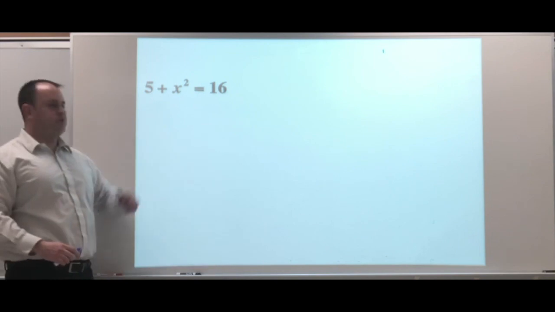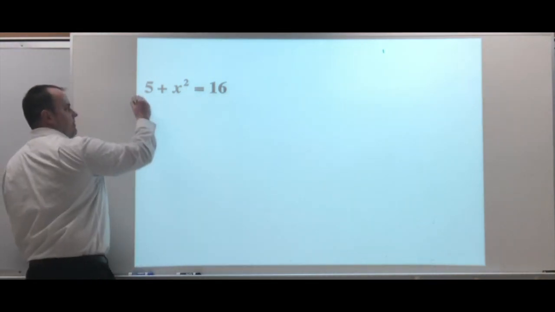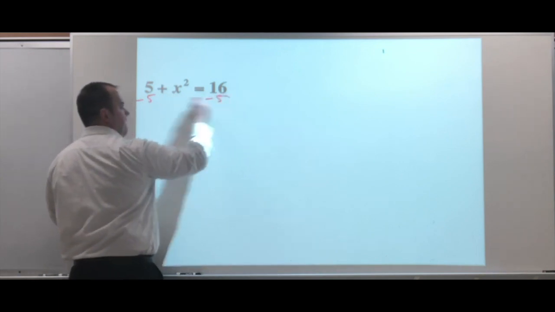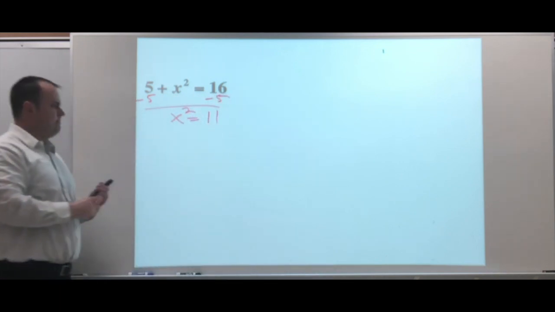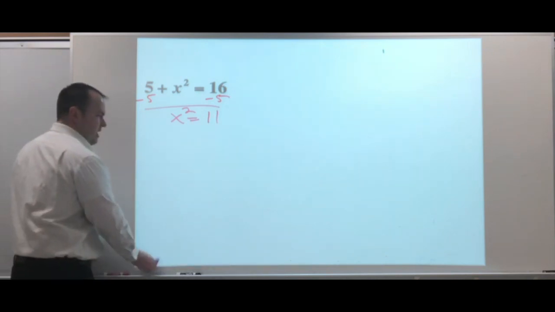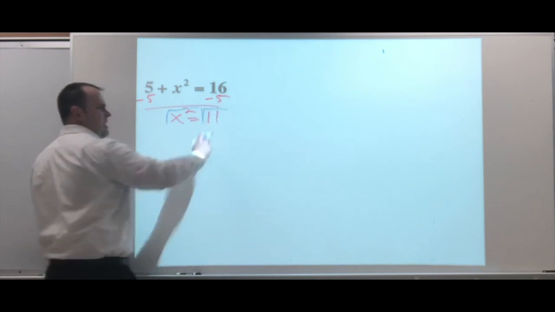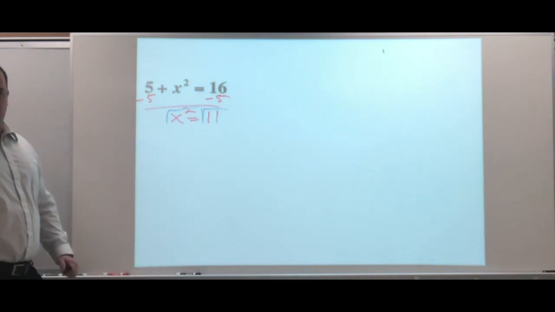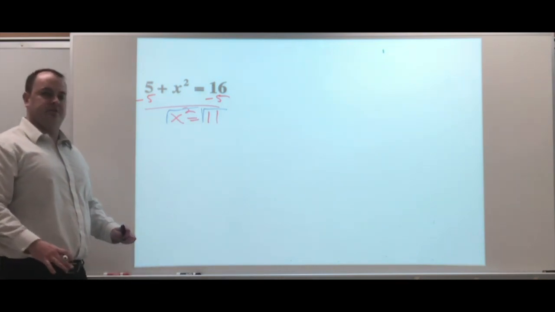Okay, 5 plus x squared equals 16. Going through the same work, getting x by itself. X squared equals 11. So now hopefully you already see we're going to have a little bit of an issue here. Square rooting both sides. Square root of 11 is not a perfect square. So you have to think about factor trees, how we did the beginning of 5.3, because you're not allowed to give me decimals this section.